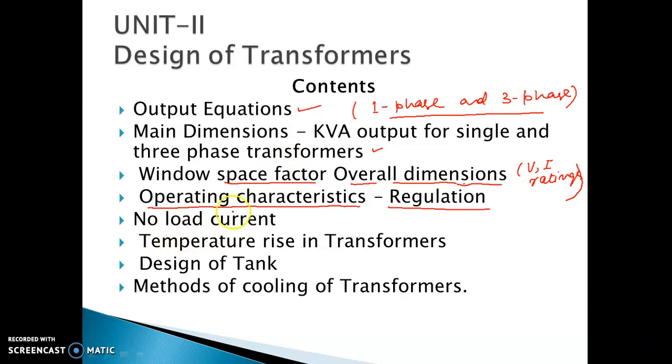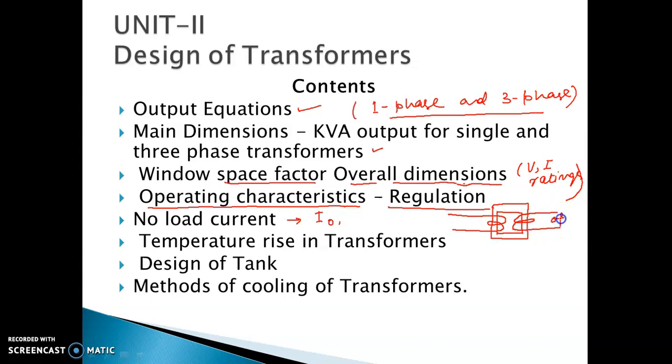Then we will study the no load current. You have also studied the importance of no load current. It is denoted by I naught. Suppose a transformer like this, which you studied in your previous semester: this is your primary winding and this side is your secondary winding.